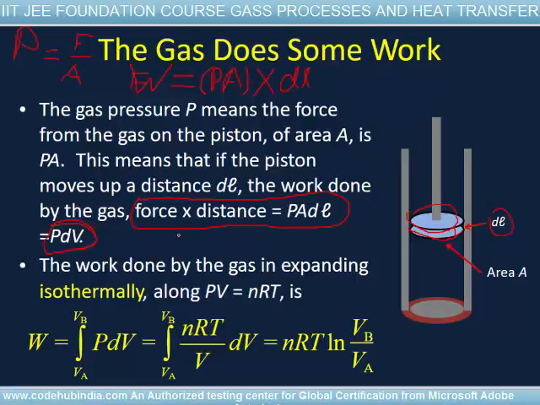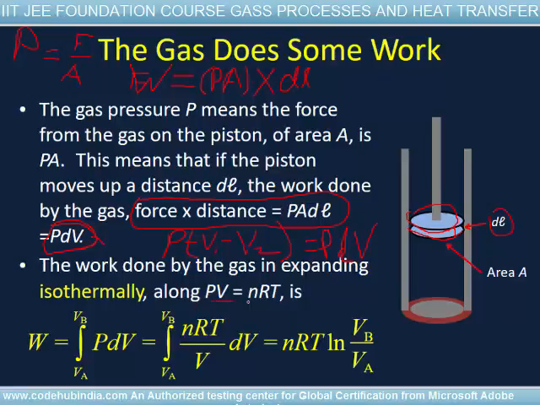Suppose the volume was previously V1, now it changed to V2, so V2 minus V1 equals dV. As per the isothermal expansion, PV equals nRT.